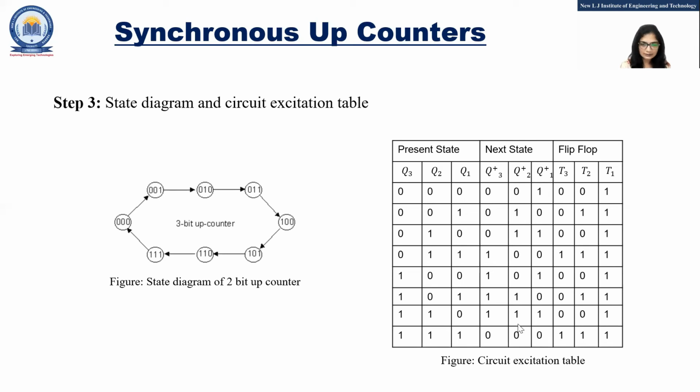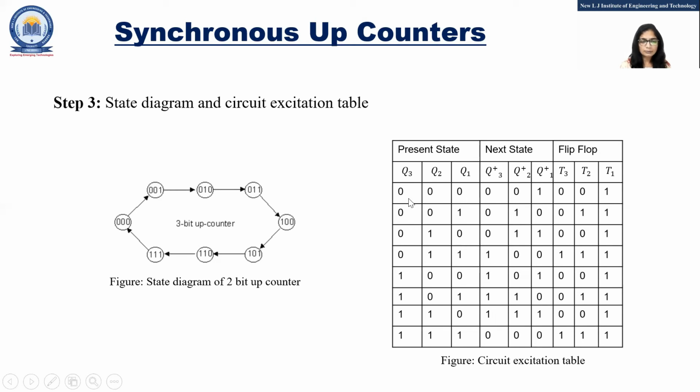This is the circuit excitation table. This table will be filled by the same procedure as we discussed in the 2-bit synchronous up counter. The design will be simple. You have to write present state, next state, and flip-flop input: T1, T2, T3, then Q1, Q2, Q3 as present states, and Q1 plus, Q2 plus, and Q3 plus as the next states. Then you have to write the possible combinations here.